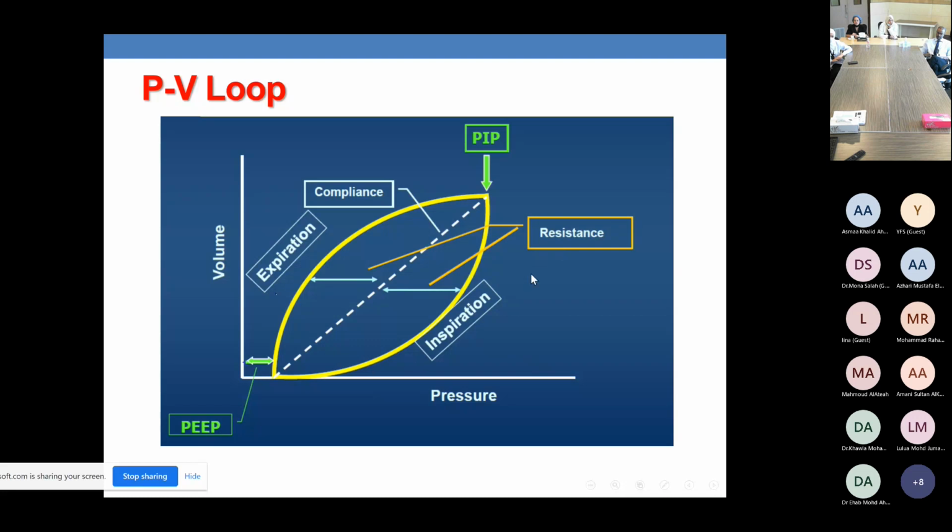And what we call the hysteresis, the width between the compliance and the loop itself, is representing the resistance. So the higher the resistance, either in the inspiration or expiration, the wider the loop, which you should not actually have.